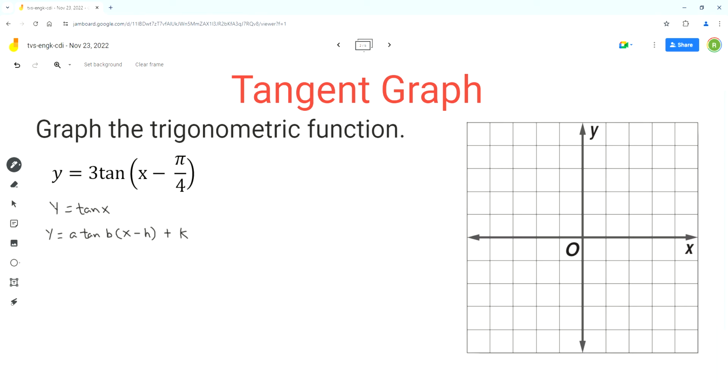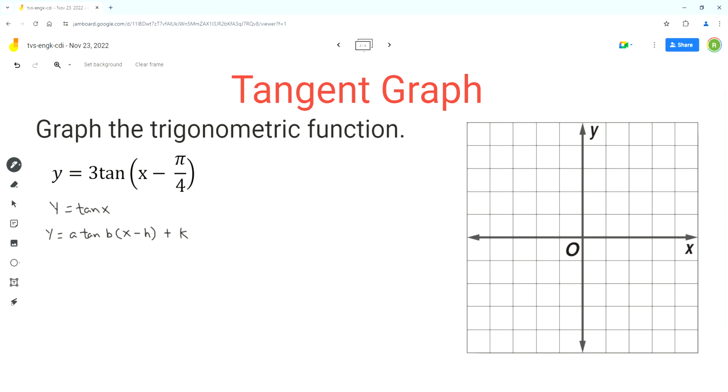We have to use this general equation and compare it with the given equation to find the values of a, b, h, and k. We will use the mapping rule or mapping formula to find the points that lie on this transformed tangent function using the a, b, h, and k values, and then we'll plot those points to graph the given function.